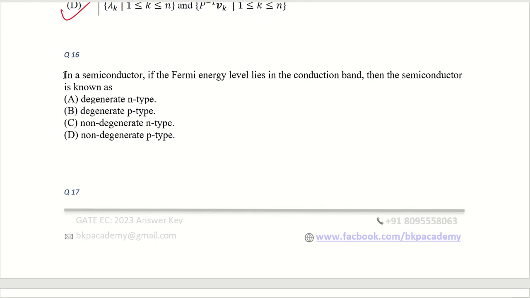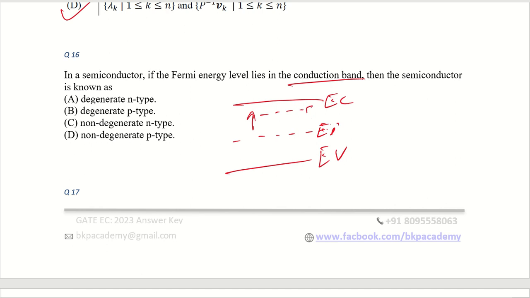Then, in a semiconductor, the Fermi energy level lies in the conduction band, right? You already know that this is my conduction band and this is my valence band, and let's say this is my intrinsic energy level. The Fermi level goes upper for n type, let's say it is here, so it is the Fermi level for n type. But he is saying what type the semiconductor will be when the Fermi energy level is inside the conduction band.